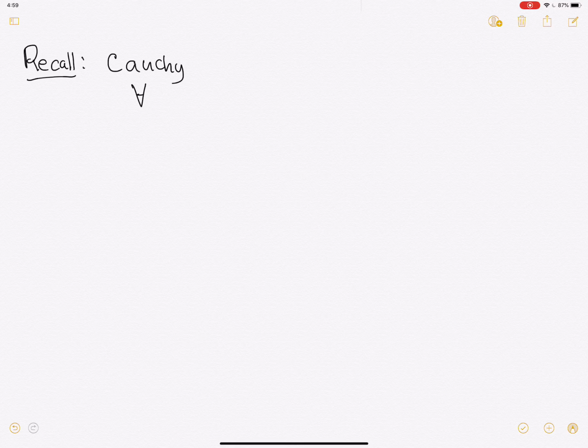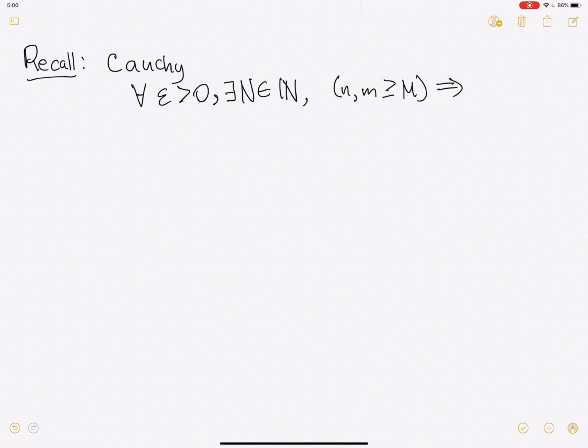That was just for all epsilon greater than 0, there's a natural number N such that if n and m are greater than or equal to N, there's no big M, there's a big N though, then a_n minus a_m, any pair, is less than epsilon.